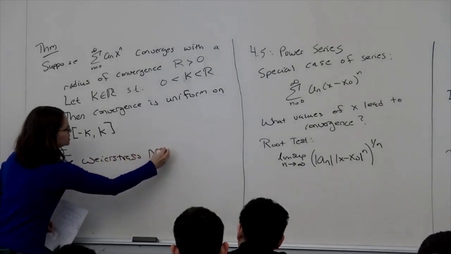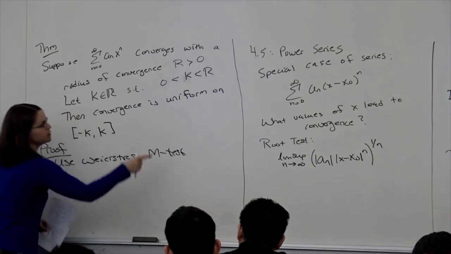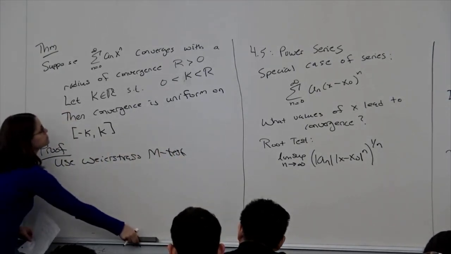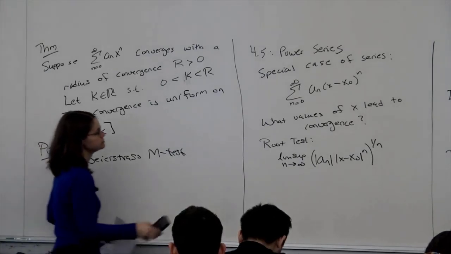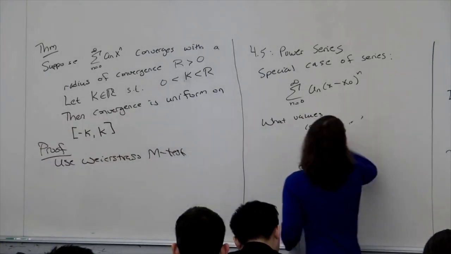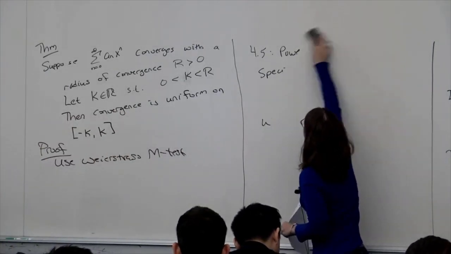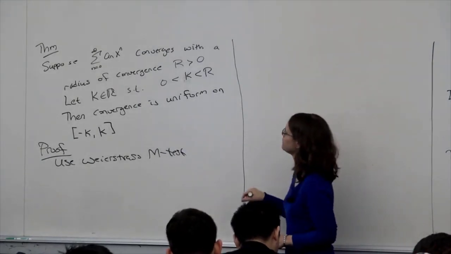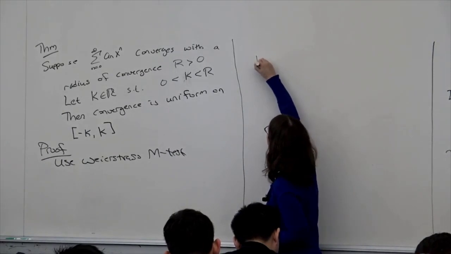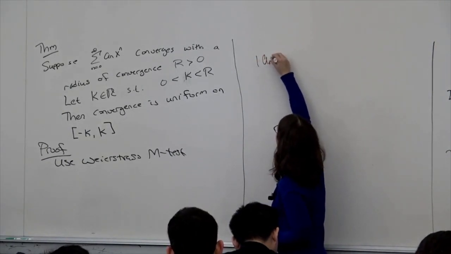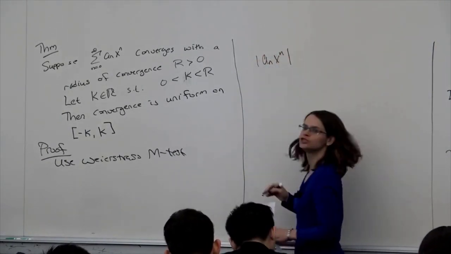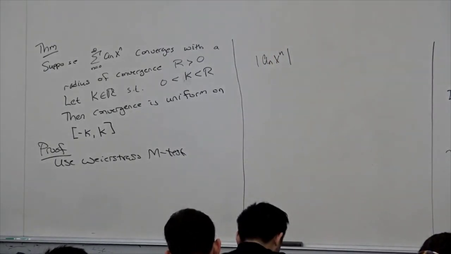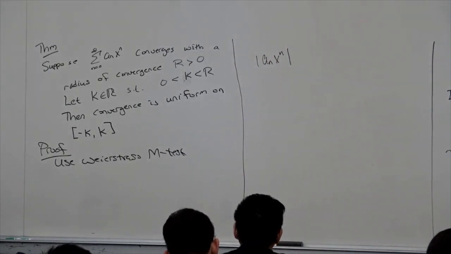And the proof, again, will follow from the Weierstrass M-test. It's essentially exactly the calculation that we just did over there. The terms that we actually have, a_n x to the n, depend on x. The Weierstrass M-test, remember, says we need to bound this by something that doesn't depend on x.